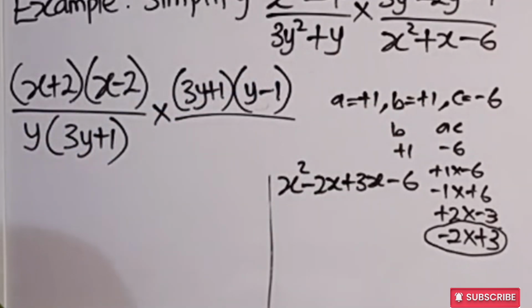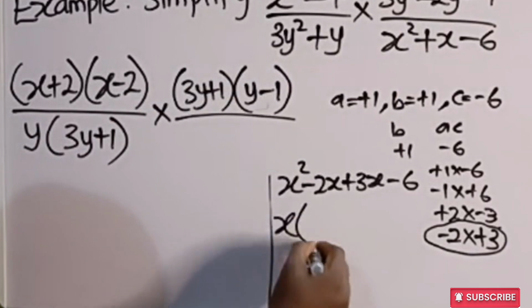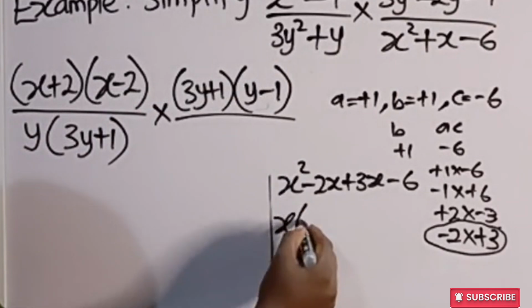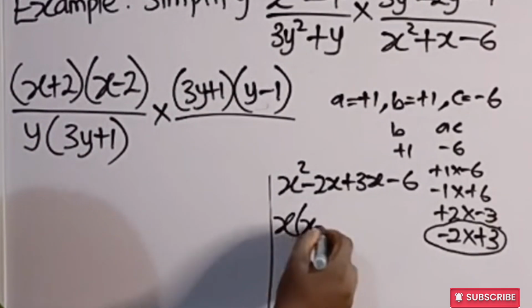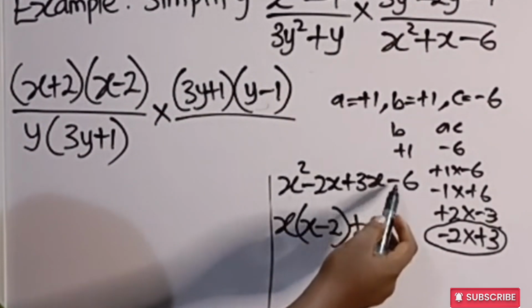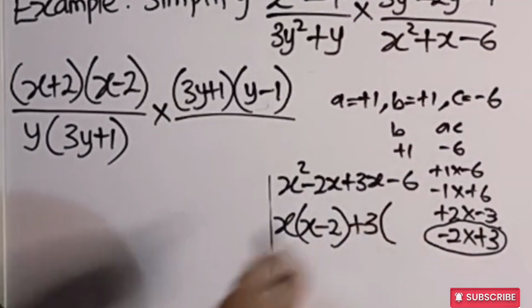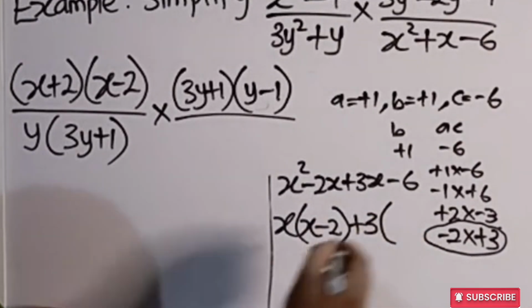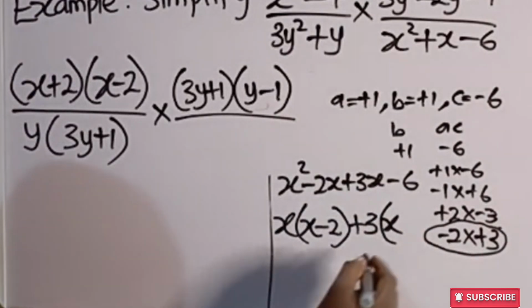So now we can factorize. Between these two, x is common. x squared divided by x gives you x. Minus 2x divided by x gives you minus 2. Then plus 3x and minus 6. What is common is 3. 3x divided by 3 gives you x. Minus 6 divided by 3 gives you minus 2.